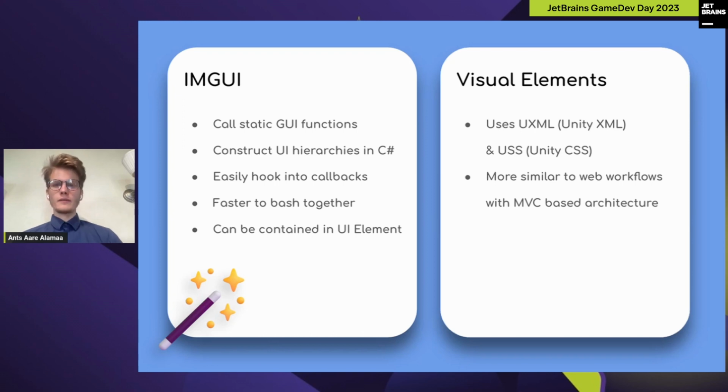Basically, the styling, the visual hierarchy, and the code are very separated. That also means you usually have two or three different files per editor window or per property drawer, which bloats the amount of code and files you have in your project. But the good thing is that the editor performance is way better, and most of the tools Unity has been developing itself.